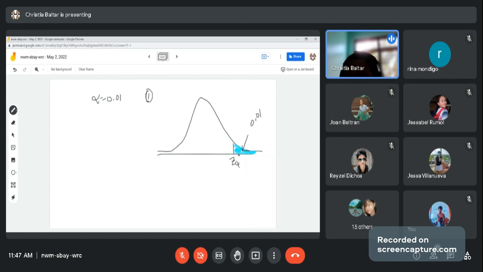So the crucial part is the determination of the critical value. Let's practice. While you are solving for its critical value, let me check your attendance.